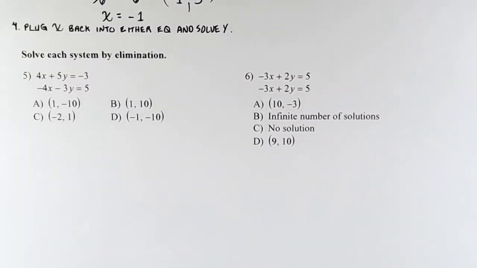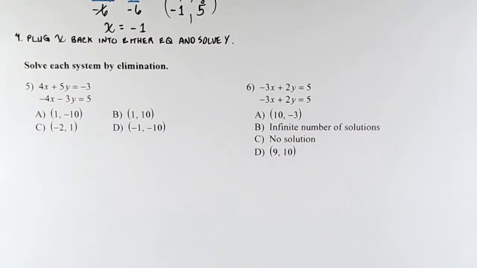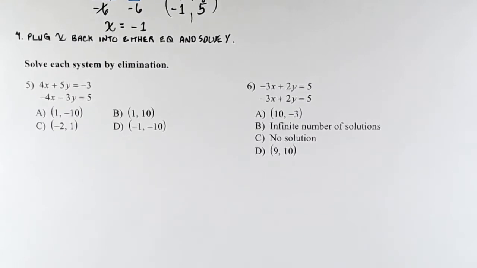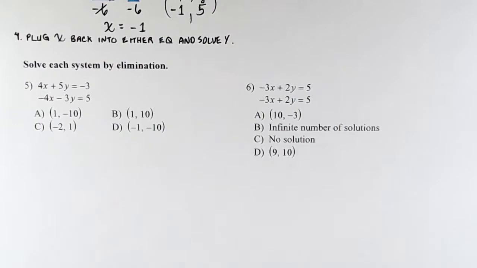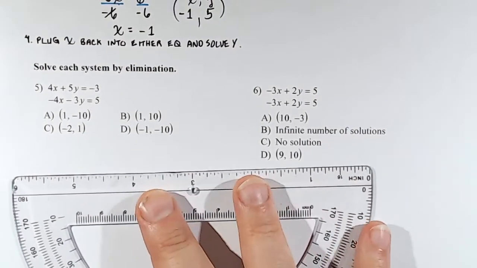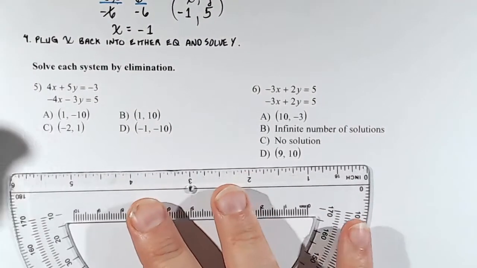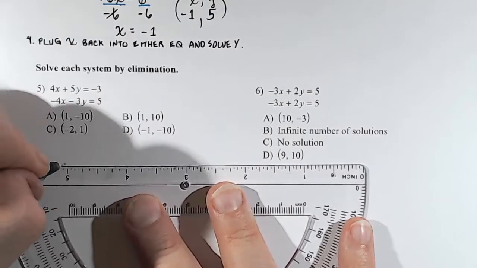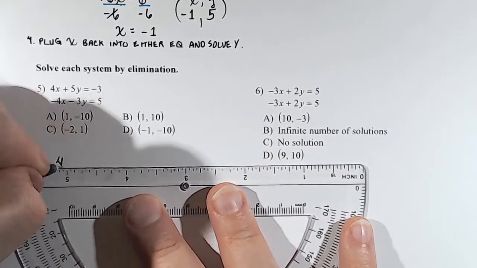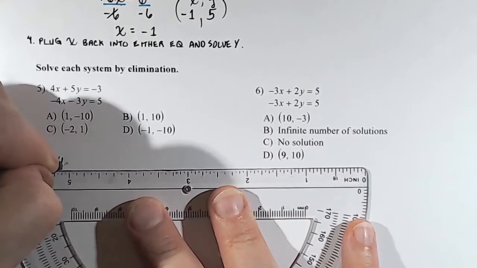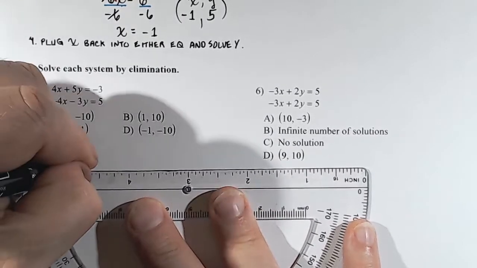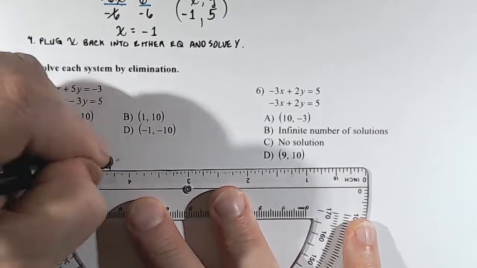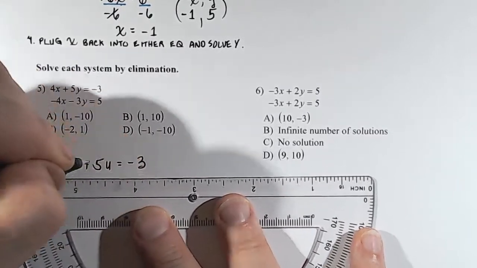Okay, and now we're on to number 5. Solve each system by elimination. Okay. We always think of this as the simpler of the two things, substitution and elimination. Let's start by stacking all of our, we have to rewrite. So 4x plus 5y equals negative 3.